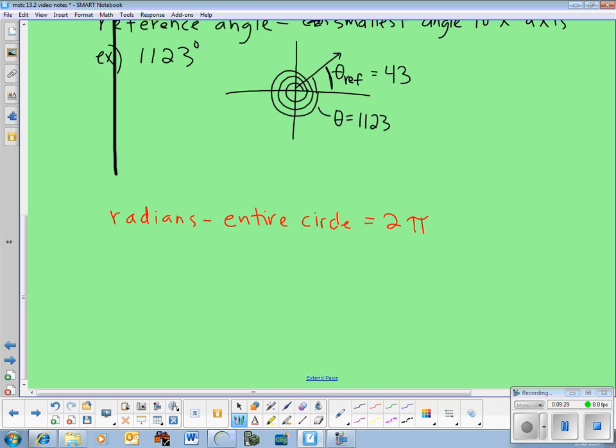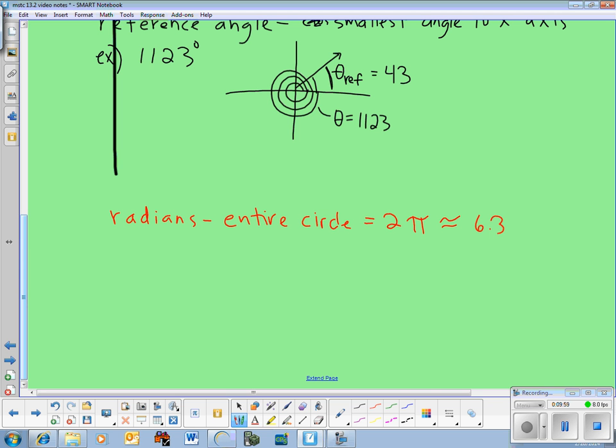Now, a radian is a unitless measure. 2 pi is about 6.3 radians, since pi is 3.14. If the unit is 1 mile, the radius is 1 mile, then all the way around the outside edge is 6.3 miles. If the unit is 1 foot, then all the way around the outside edge is about 6.3 feet.